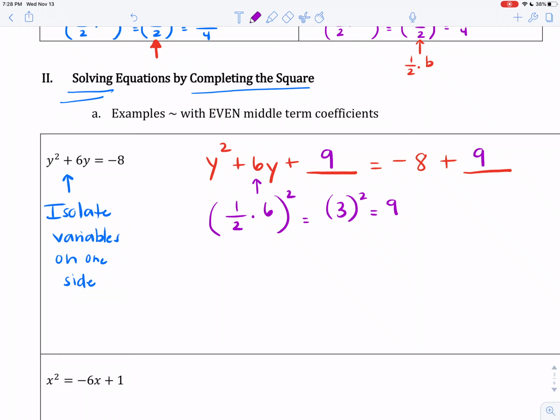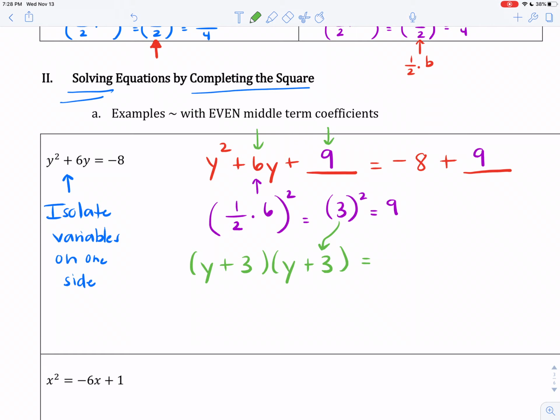You've got to keep the balance. Now, what I end up with on the left-hand side is a perfect square trinomial, right? If I go to factor this, two numbers that would multiply to give me positive 9, add to give me positive 6. That's positive 3 and positive 3, which notice is that same 1/2 the b term.